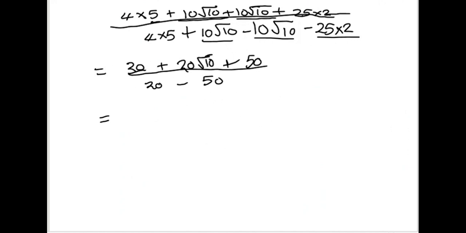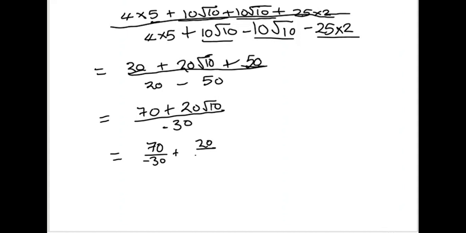So this will be equal to 20 plus 50 is 70, then plus 20 root 10, all over 20 minus 50 is negative 30. And we simplify further. I have 70 all over negative 30, plus 20 all over negative 30 root 10.